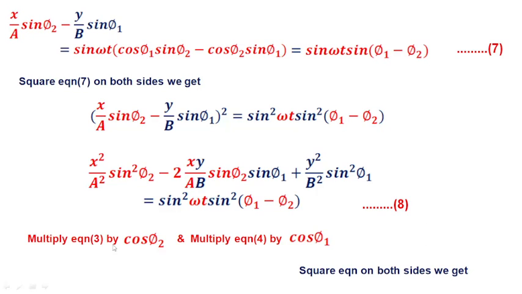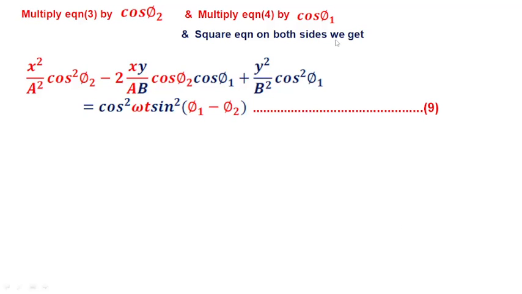Now multiply equation 3 by cos phi 2 and multiply equation 4 by cos phi 1. Square on both sides, we get x square by a square into cos square phi 2 minus twice xy divided by ab into cos phi 2 into cos phi 1 plus y square divided by b square into cos square phi 1 is equal to cos square omega t into sine square of phi 1 minus phi 2.